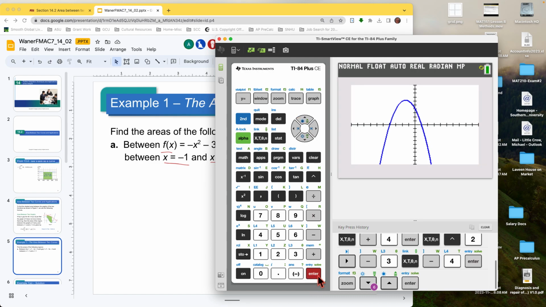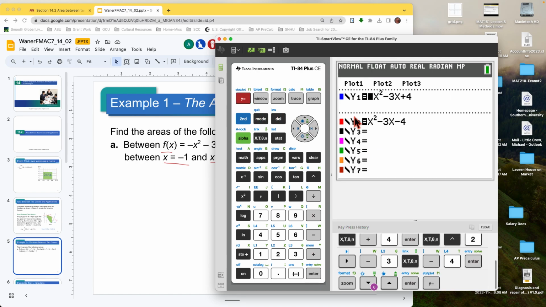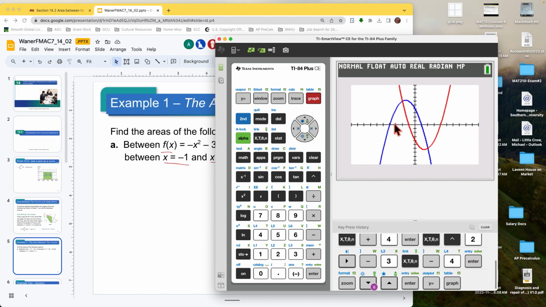Sometimes that's a good fitting window, and for this one it is. And I can see, again this went so fast, but the blue graph is on top and the red graph is on the bottom. The blue one is f of x, so f of x is the top graph and g of x is the bottom graph.